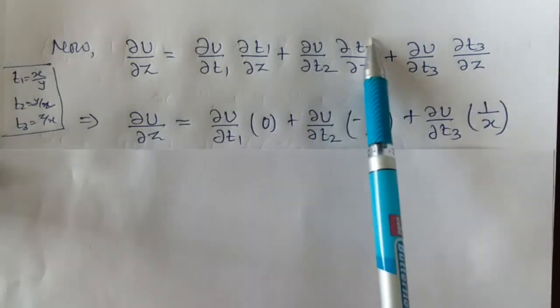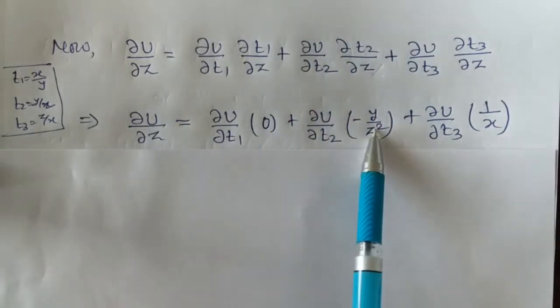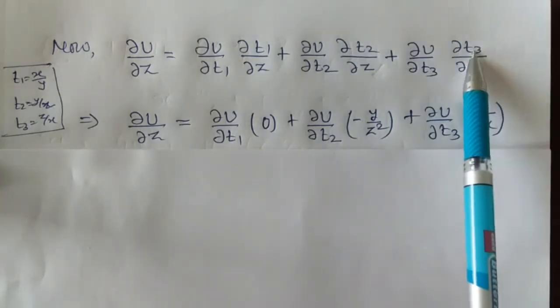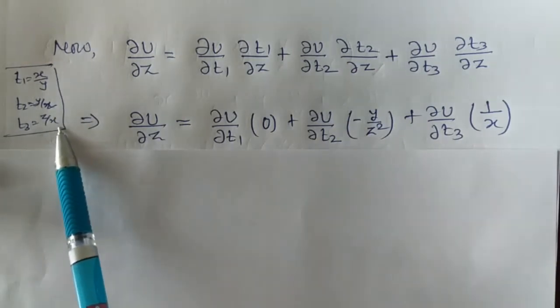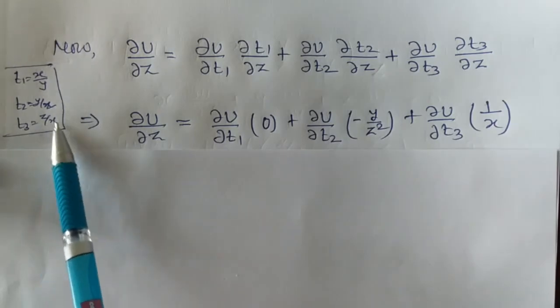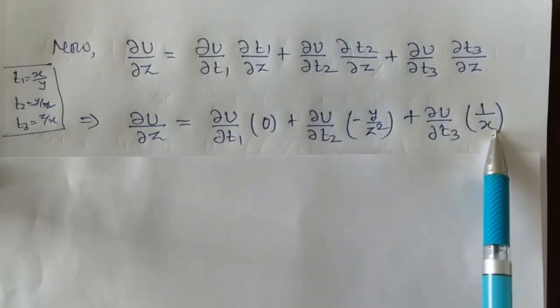So the value of del t2 by del z is minus y by z square. Plus del t3 by del z, partial derivative of t3 with respect to z, and t3 is z by x. So 1 upon x is constant and derivative of z with respect to z is 1. So we get 1 by x. The value of del t3 by del z is 1 by x.